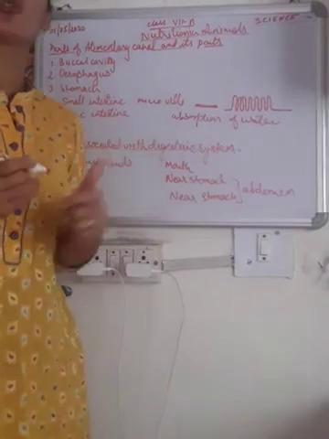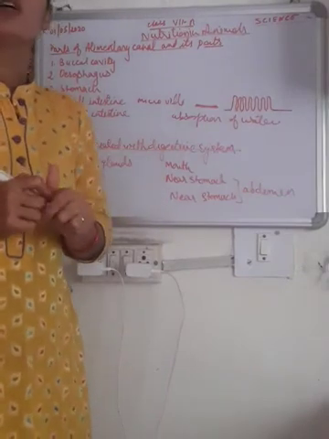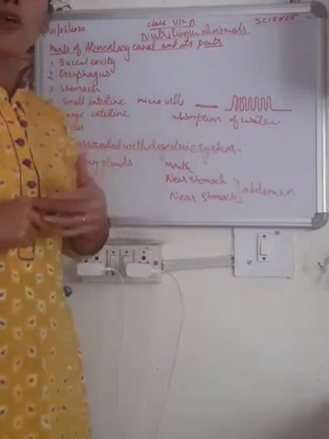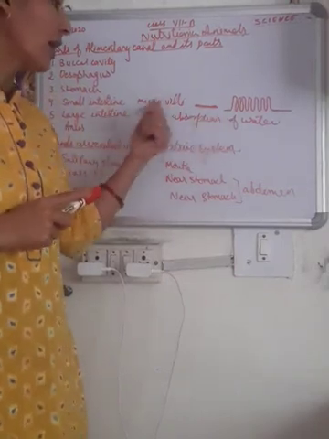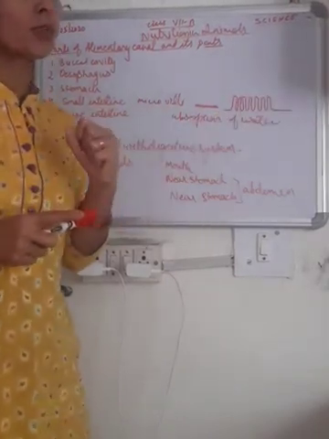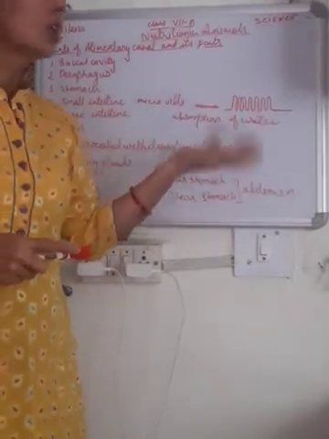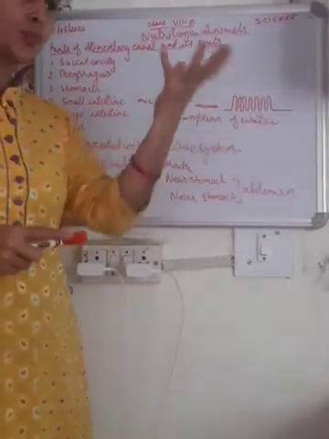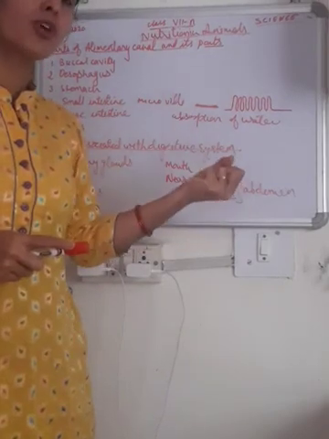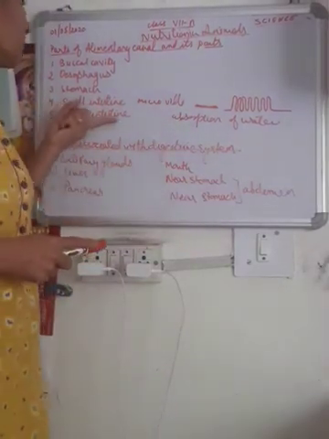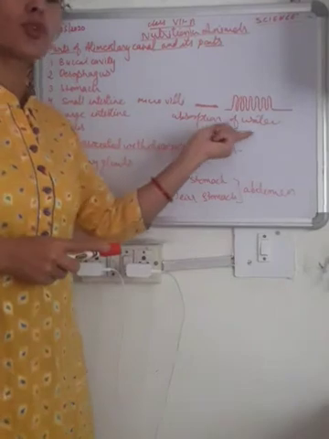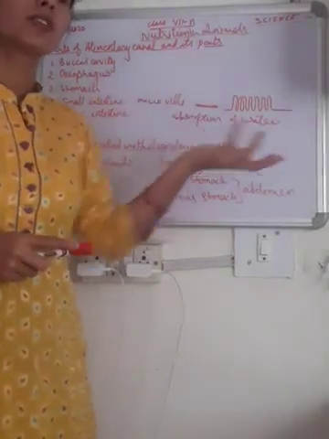Dehydration simply means loss of water from the body. You see, we get a lot of water from the food, and if this water is not reabsorbed in the body, it will be excreted out and we will dehydrate. So in order to preserve the quantity of water in the body, the large intestine performs the function of absorption of water from the already digested food.